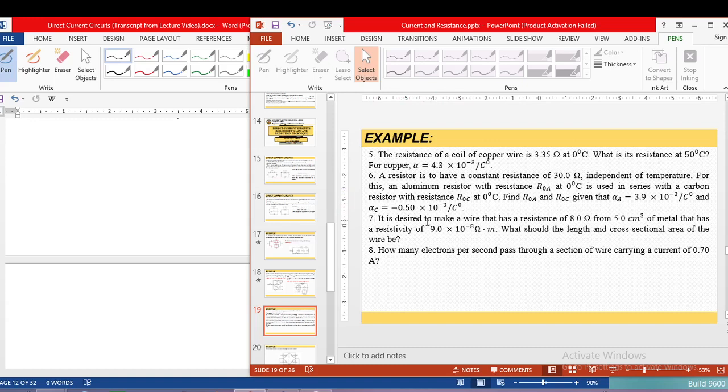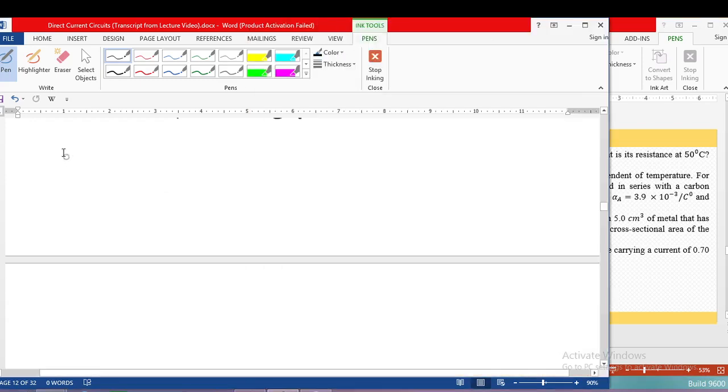Okay. So number 7, it is desired to make a wire that has a resistance of 8 ohms from 5 cubic centimeter of metal that has a resistivity of 9 times 10 to the negative 8 ohm times meter. What should be the length and cross-sectional area of the wire? So we have to find the length and the cross-sectional area. So you are given the resistance as 5 ohms.